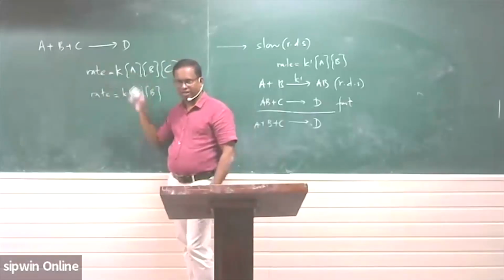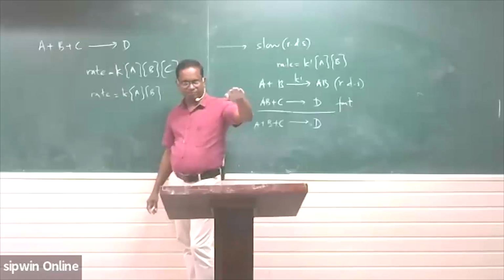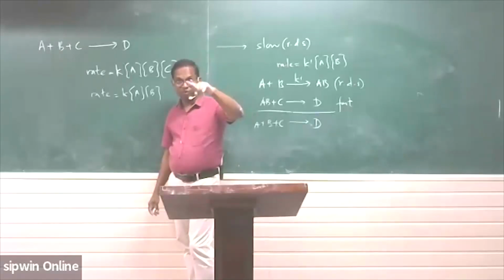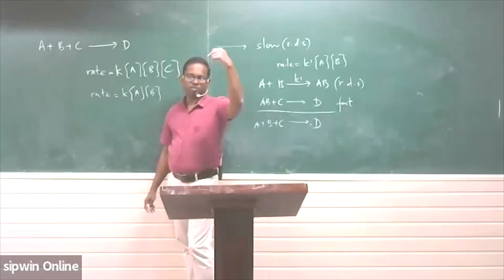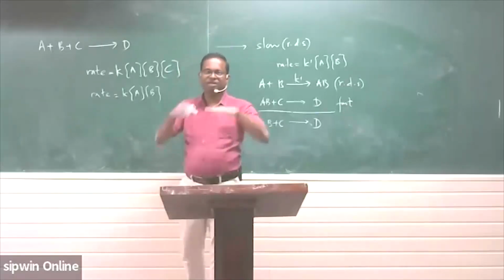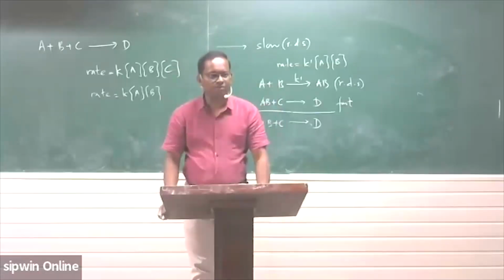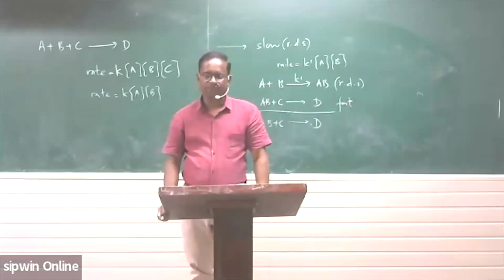If it is multi-step, A, B, C can be in the rate determining step, or some of the components can be in a pre-equilibrium before the rate determining step.